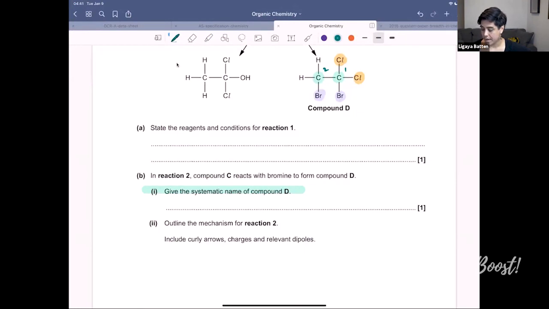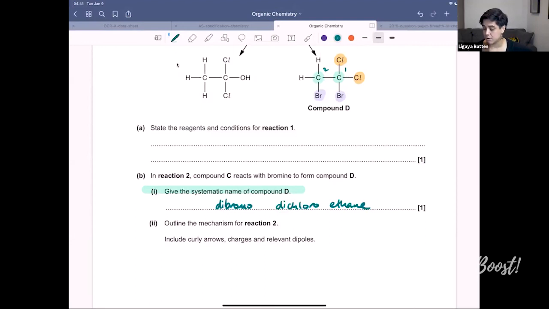So we're going to have the groups in alphabetical order. We have 2 bromines, so that's going to be dibromo. And then we have 2 chlorines, so that's going to be dichloro. And then our 2 C's is our ethane. And then we have to write the numbering to make it really clear which of those carbons the chlorine and bromine are attached to.